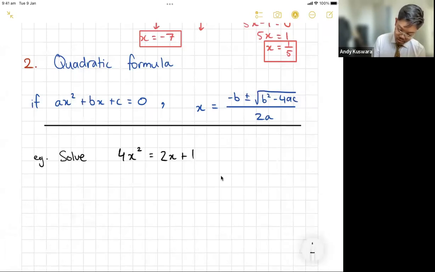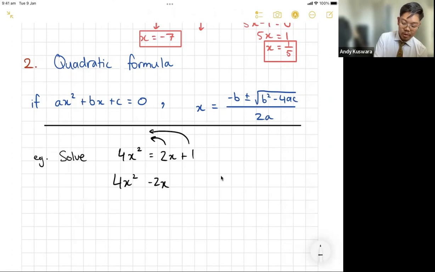I'm going to rewrite this 4x squared and move all of these over to the other side. So the way I would get that 2x over is to minus 2x, and to get that positive 1 over, I would minus 1. And now it's equal to 0 on the right-hand side because we've removed those.